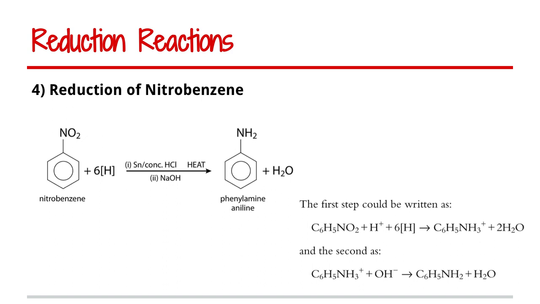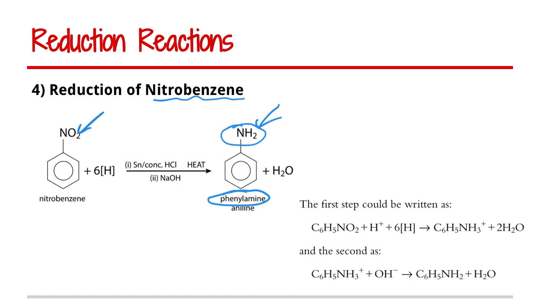The other reaction we do need to look at here is the reduction of nitrobenzene, which is going to produce something called phenylamine. Phenylamine is an amine group on a benzene ring. This particular reaction happens in 2 steps.